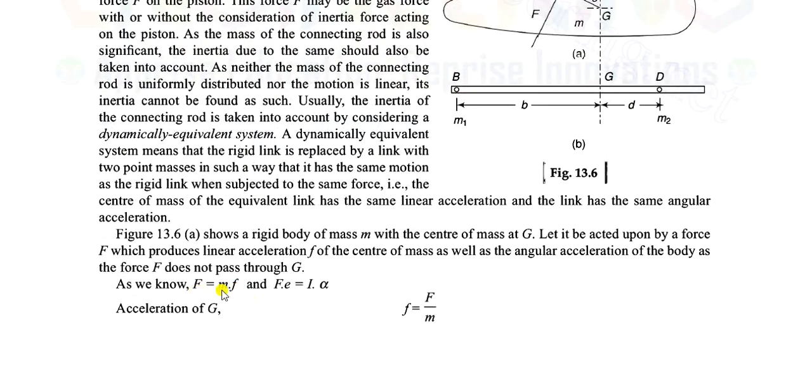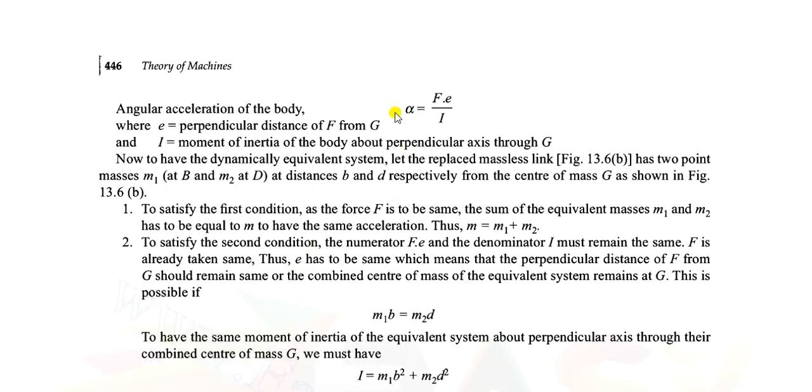So here we got two relations: F is equal to m into f, and F into e, which is nothing but torque about G, is equal to I into alpha. So I can write acceleration as force divided by mass, and angular acceleration alpha as F into e, the torque, divided by the mass moment of inertia.